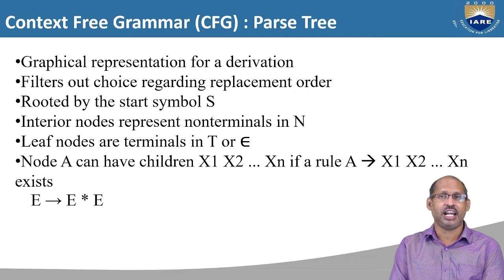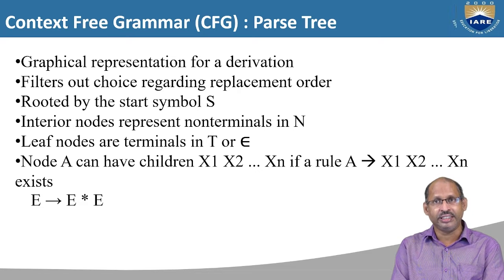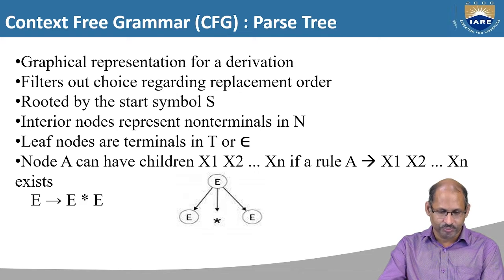S is considered the root of the tree and all interior nodes represent non-terminals in N. Then leaf nodes are the terminals in T. If there is a production A gives x1, x2 to xn, then we consider node A to have children x1 to xn.